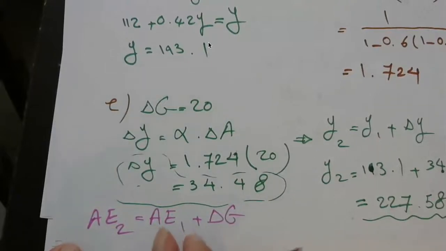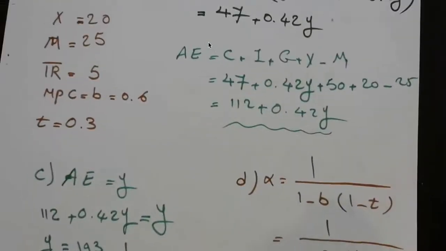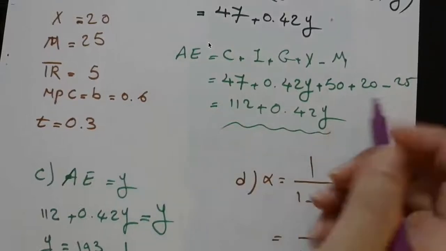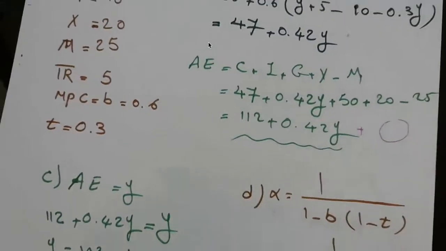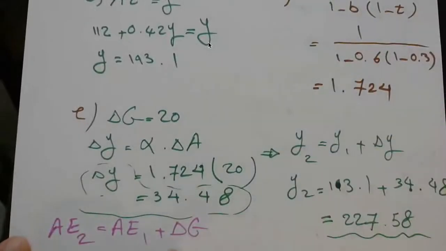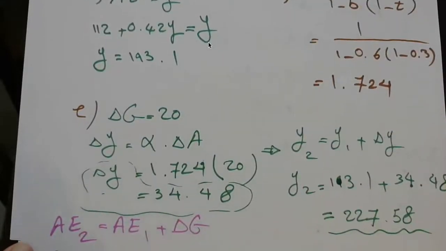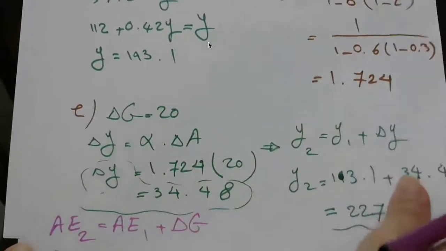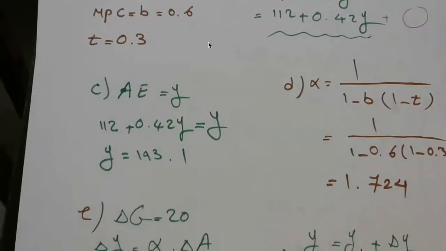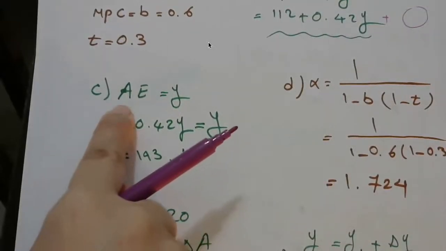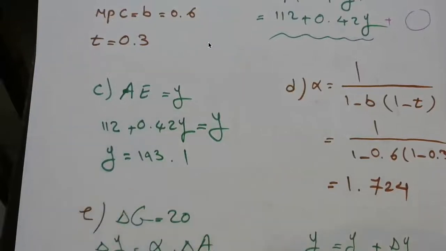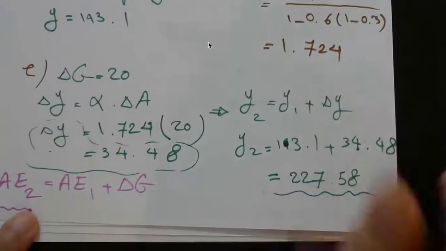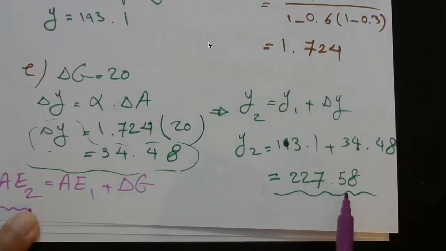So you put AE1 function, which is here, plus delta G, which is 20 units. So you can replace here, you get new AE, and then from the equilibrium function, you put this AE2 with this formula and you calculate the equilibrium. So you should reach the same number, which is 227.58.